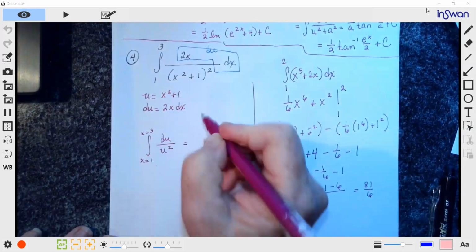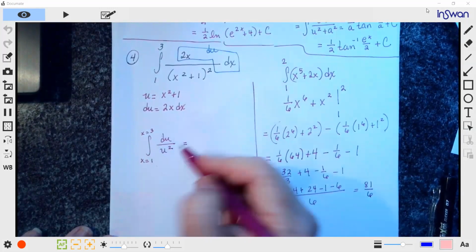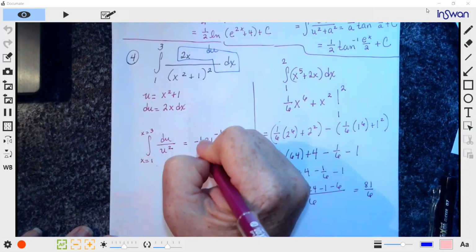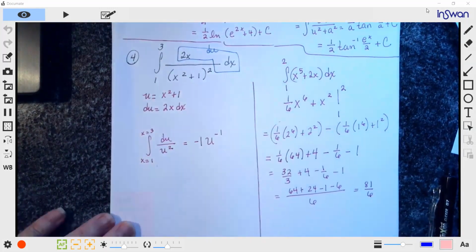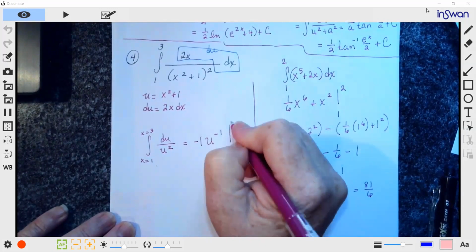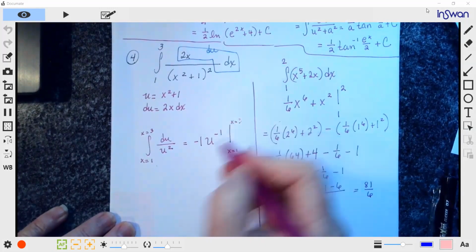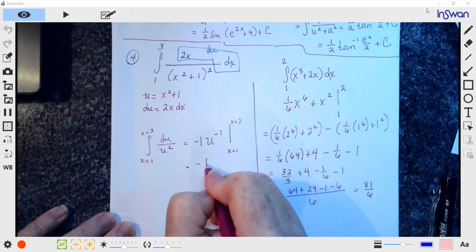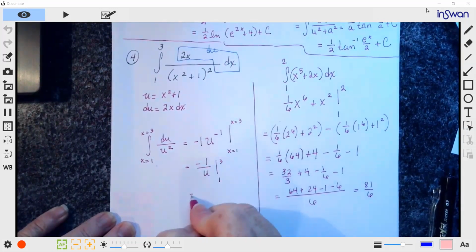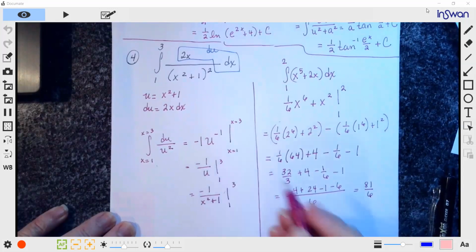All right, the integral of u to the -2 is u to the -1 times the reciprocal of -1, which is also -1. And that's from x equals 1 to x equals 3, where we have -1 over u from 1 to 3, which is -1 over x squared plus 1 from 1 to 3.